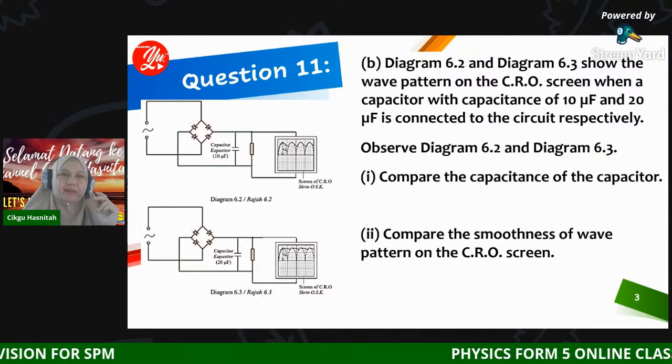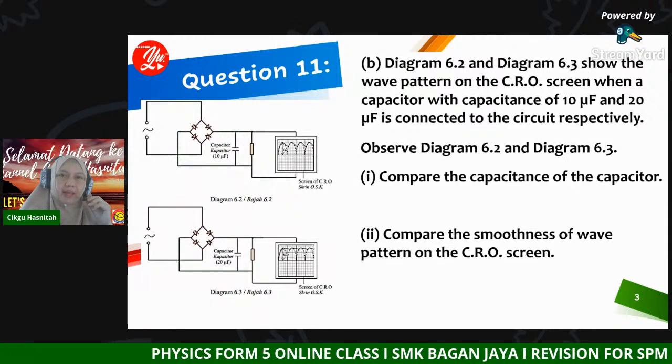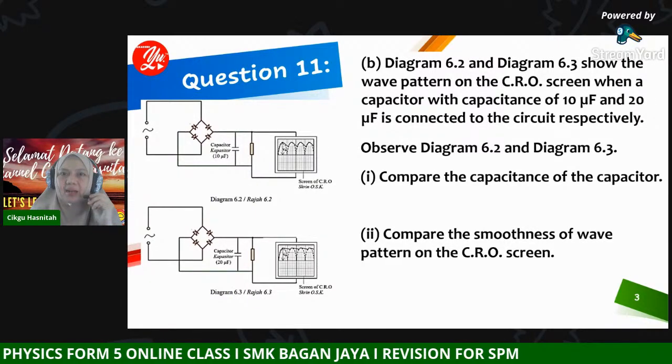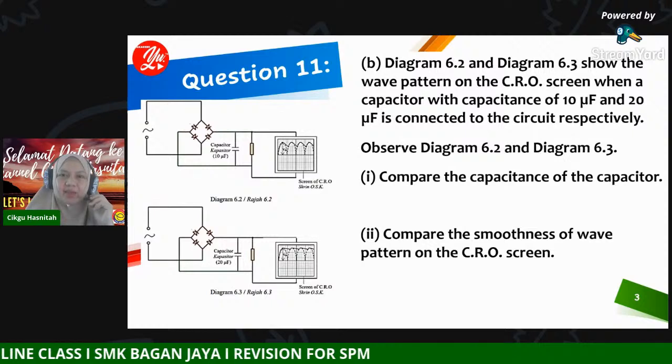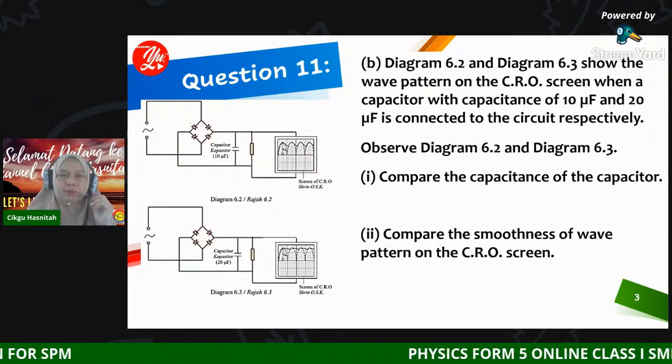The unit is named after Michael Faraday, a well-known physicist. So 10 microfarads, and 20 microfarads in diagram 6.3.